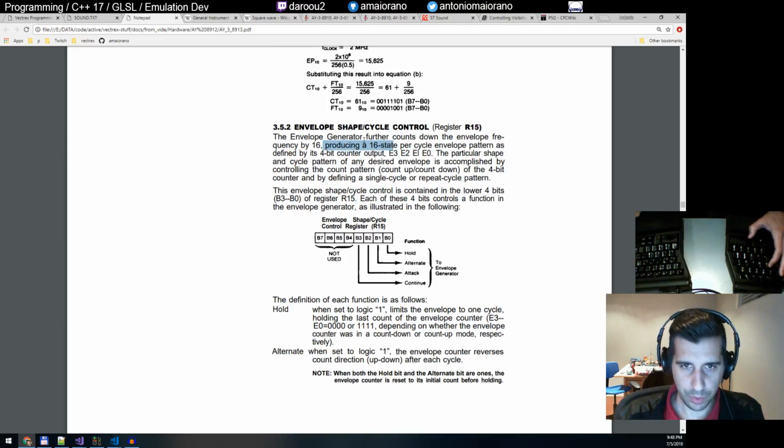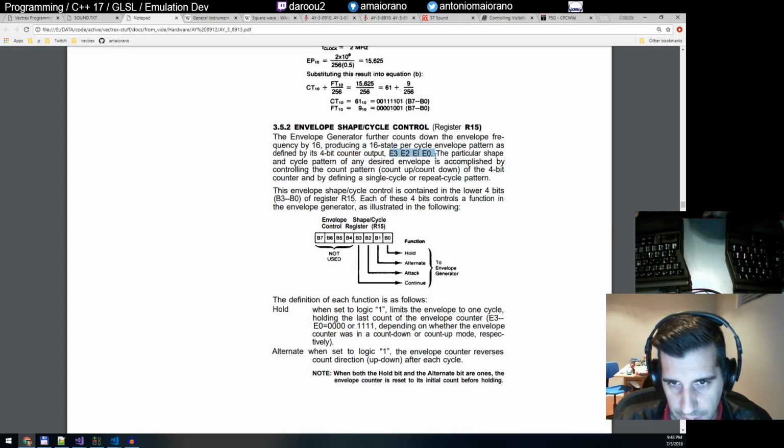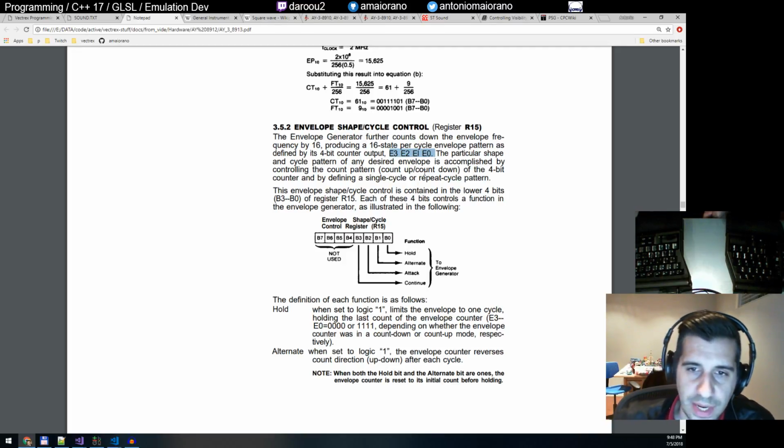Now here's a part where we need to do this. Producing a 16-state per cycle envelope pattern as defined by its 14-bit counter output. The particular shape and cycle pattern of any desired envelope is accomplished by controlling the count pattern, count up, count down, of the 4-bit counter, and by defining a single cycle or repeat cycle pattern.